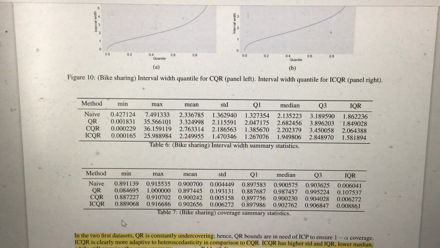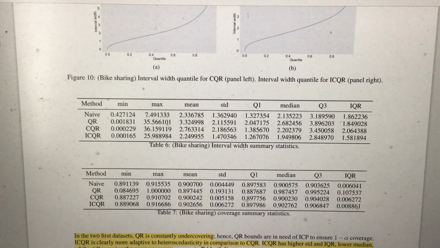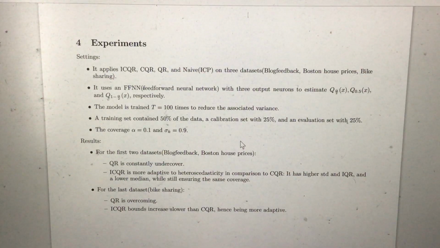So it is very close to 90%. This is the best performance among the methods.